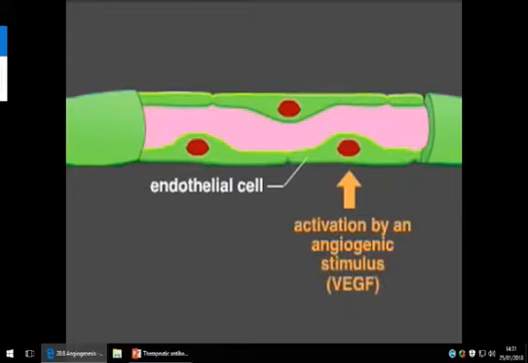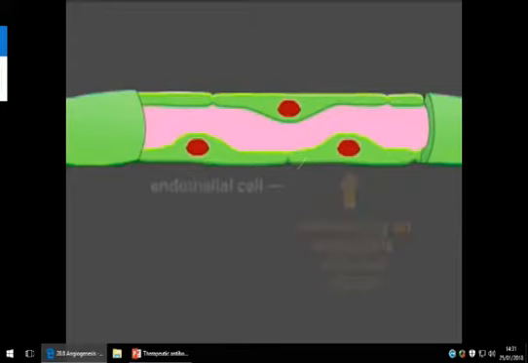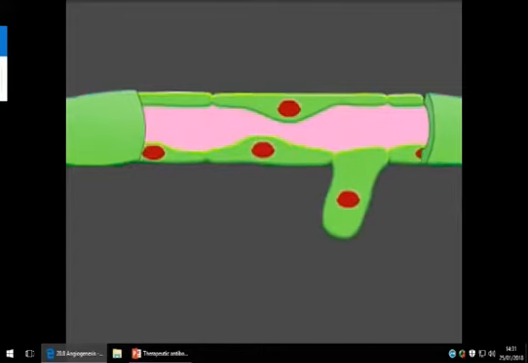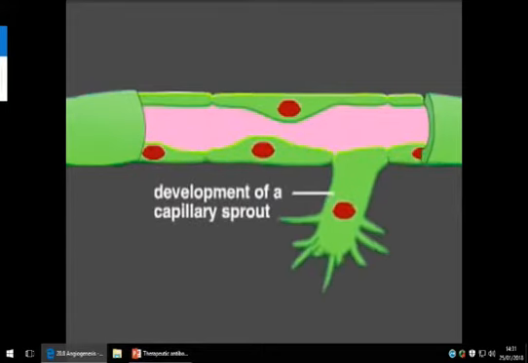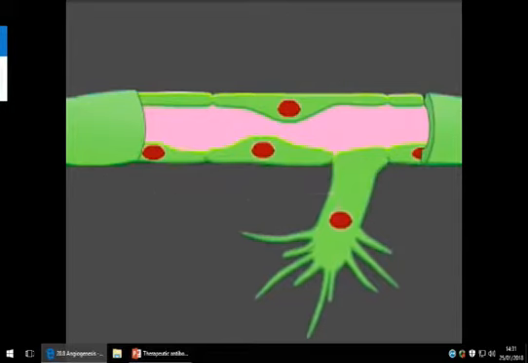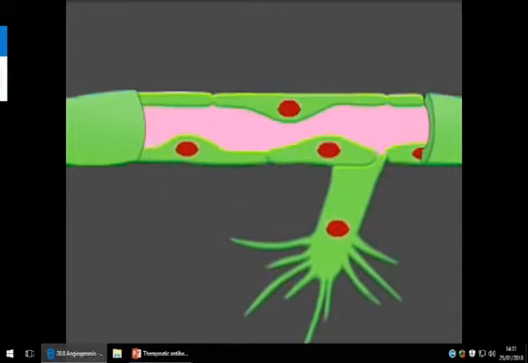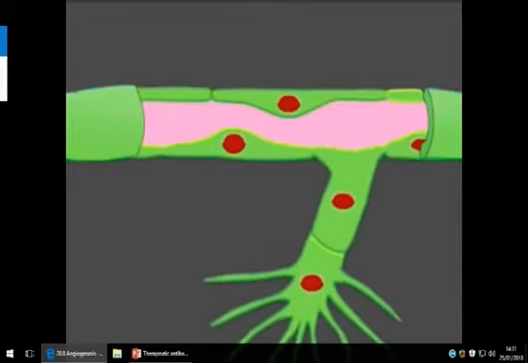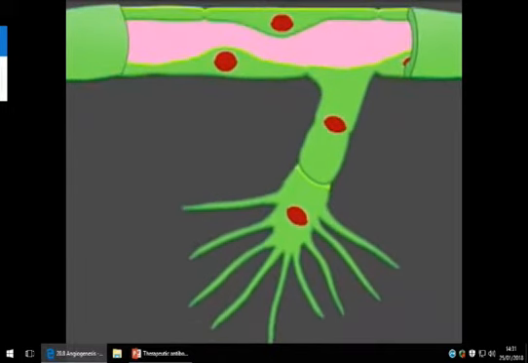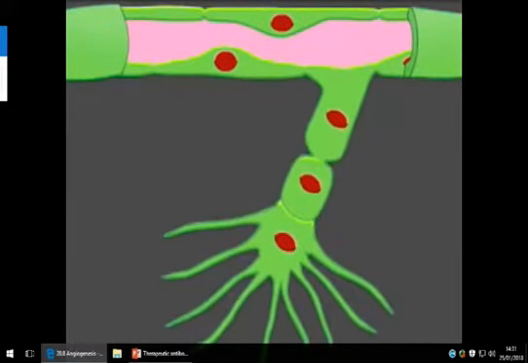In response to the stimulus, the endothelial cell becomes motile and extends filopodia that guide the development of a capillary sprout. The leading or tip cell continues to move away from the capillary as cells behind it migrate in and divide, forming a stalk. The sprout begins to hollow out, forming a tube.